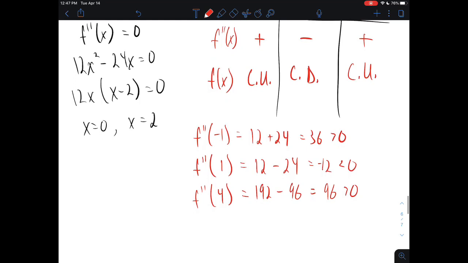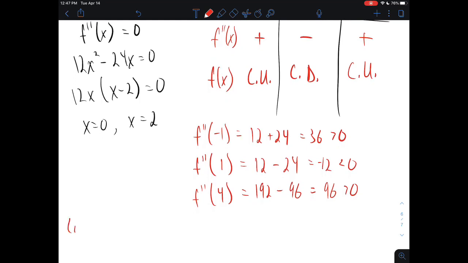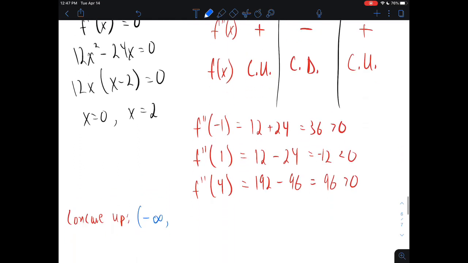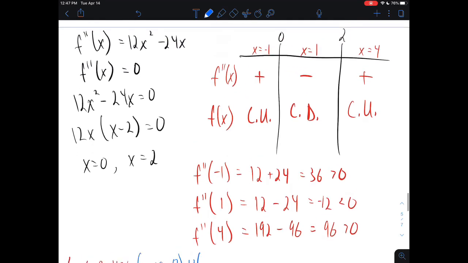So intervals of concavity, we can say concave up, that's from negative infinity all the way to 0, and then union from 2 to infinity.